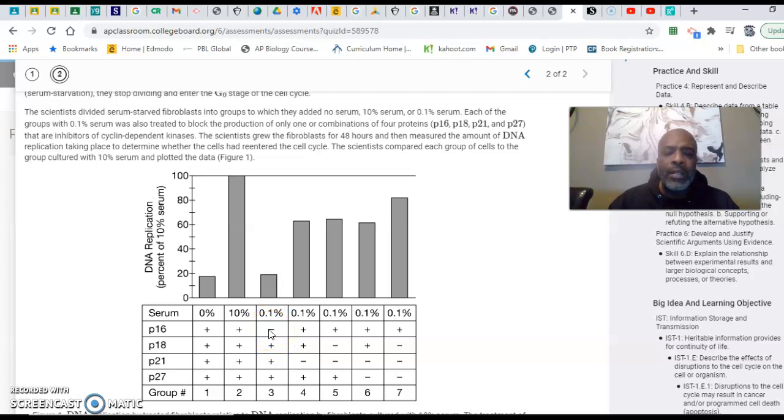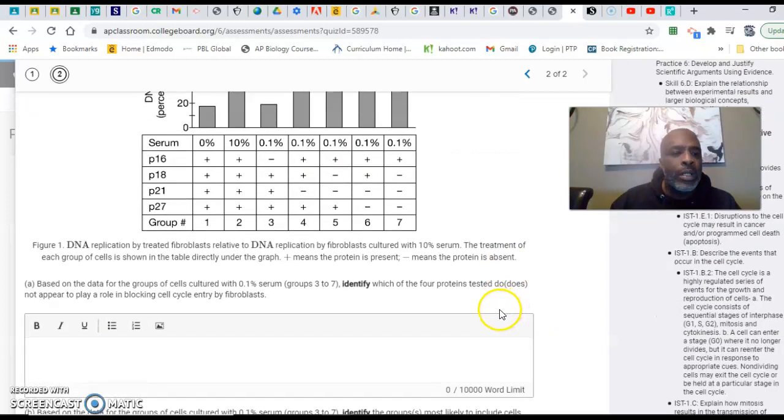You can also tell if you look at group 7: if we remove all of these other proteins and still have P16 present, then DNA replication still occurs. So these proteins, 18 through 27, have a greater effect on the rate of DNA replication than P16.